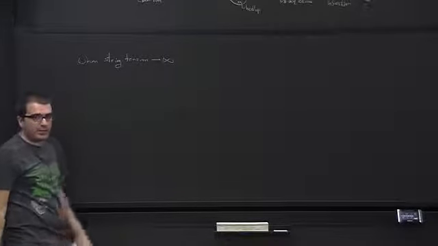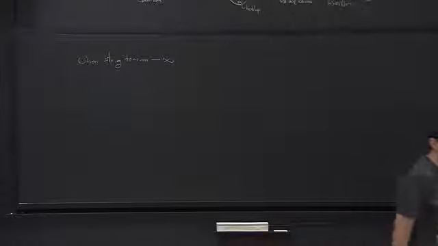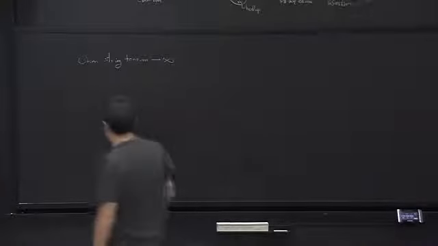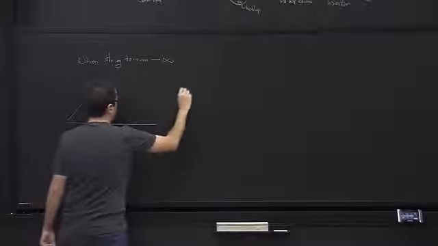You are describing a bunch of open strings on a stack of n branes, and you take a very large string tension. Okay? So what kind of things do you draw? Well, very large string tension means that the strings are very small. So let's draw our stack of branes.